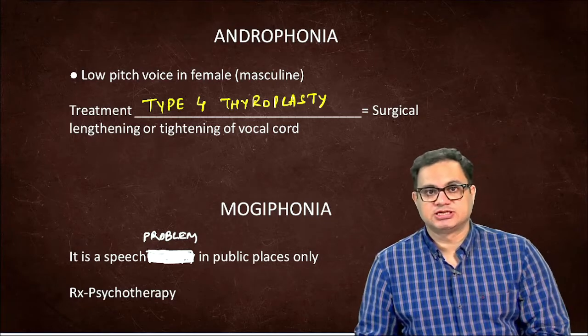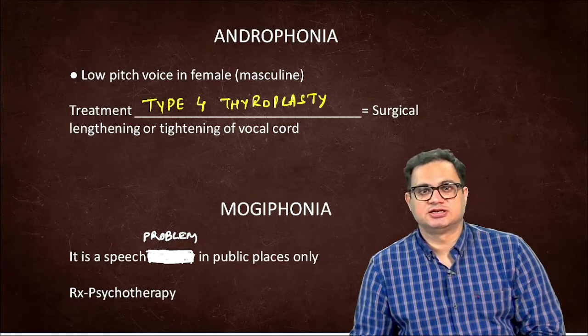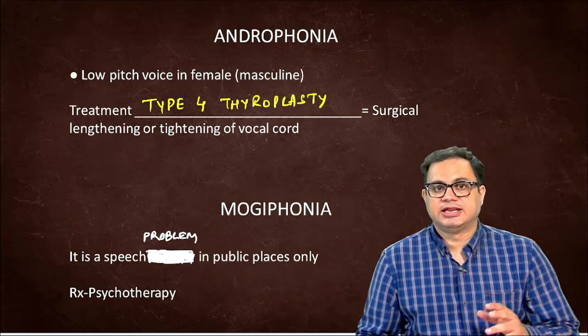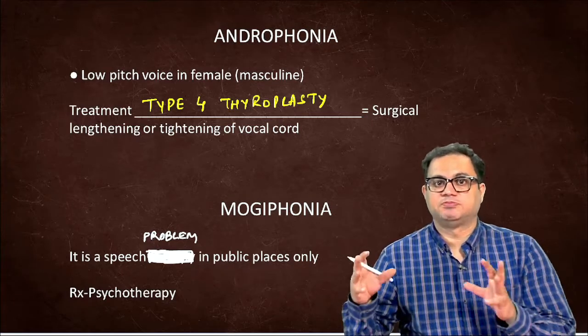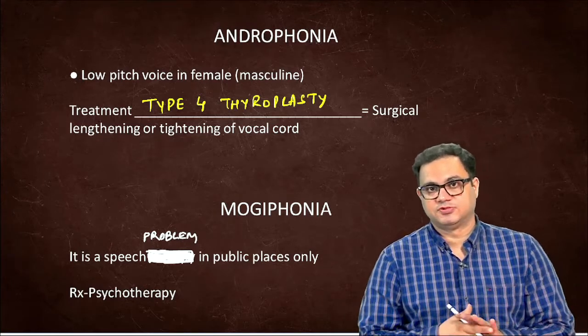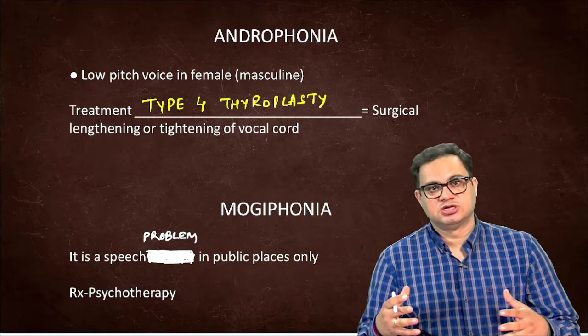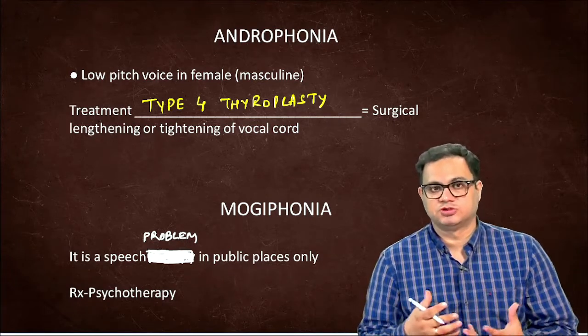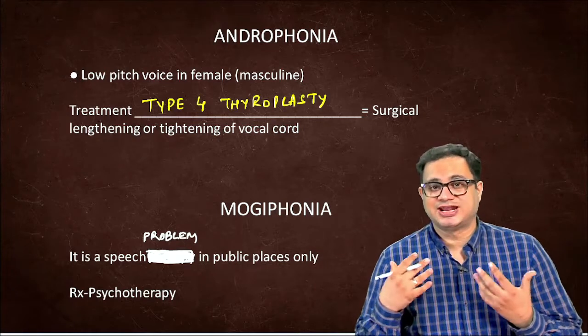Now coming to the next condition, which is also a speech related condition, that is known as mogiphonia. Now what is mogiphonia? It is a speech related problem in public places only. The patient will suddenly be called on a stage to deliver a speech. The patient's muscles will go into a spasm. The patient will not be able to speak. So it is a psychological condition.